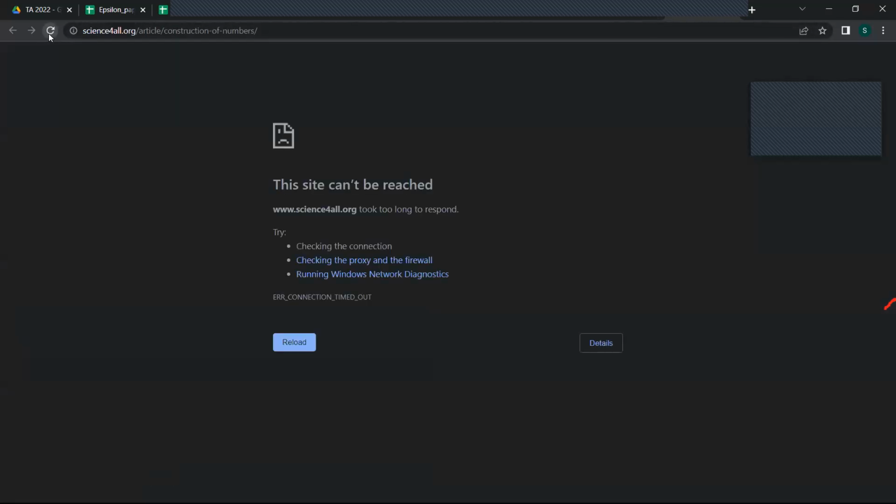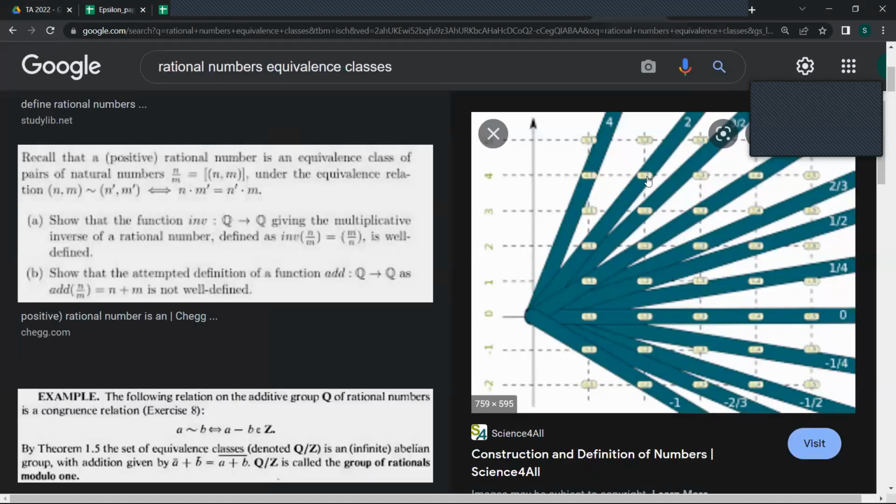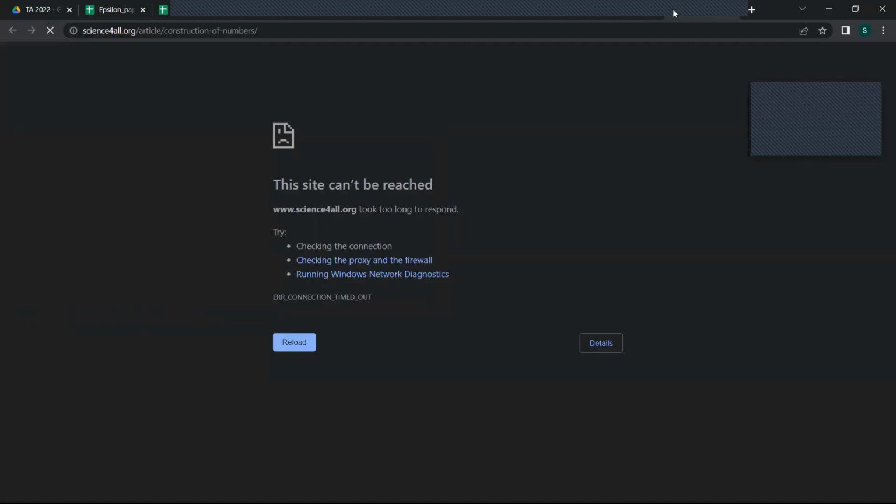Just a minute, sir. It's loading. That site can't be reached when you try to visit it, is it? That's kind of smart for them. They probably want us to subscribe or something.